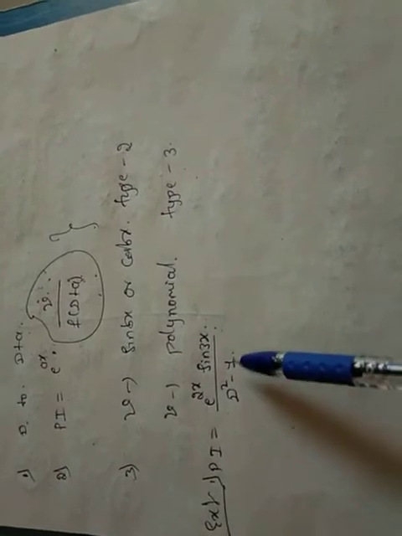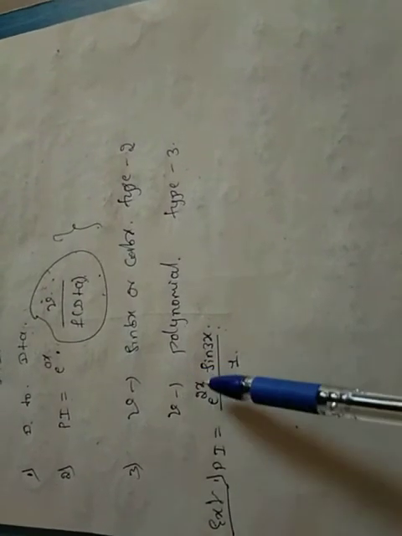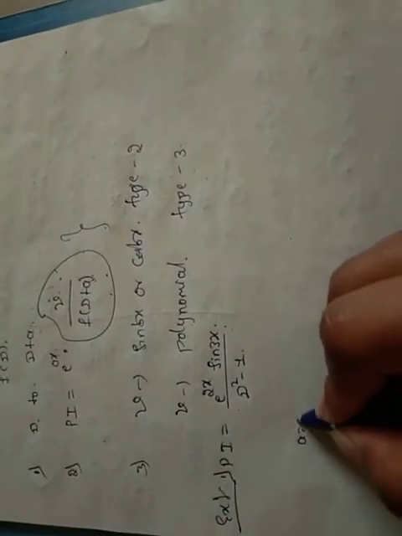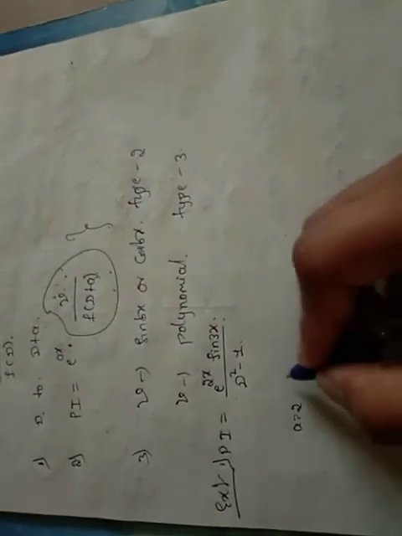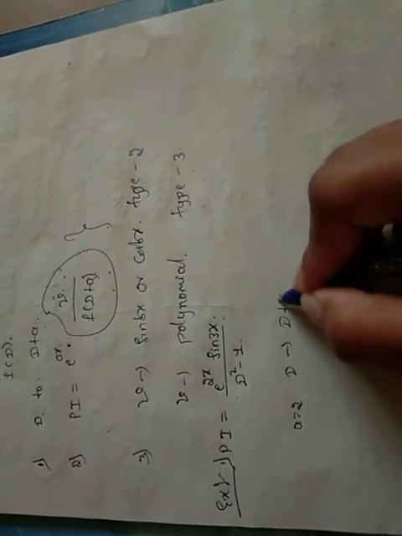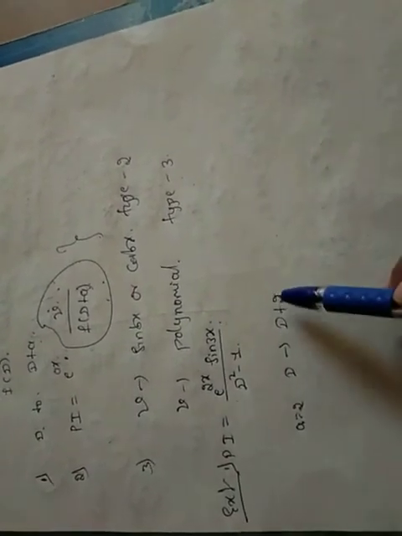Here I am taking an example to explain type 4, how to get the PI. e raised to 2x sin 3x divided by D square minus 1. First we have to concentrate on what the a is. Here a equals 2. Shift D to D plus 2. Suppose it is negative, you have to choose negative only.